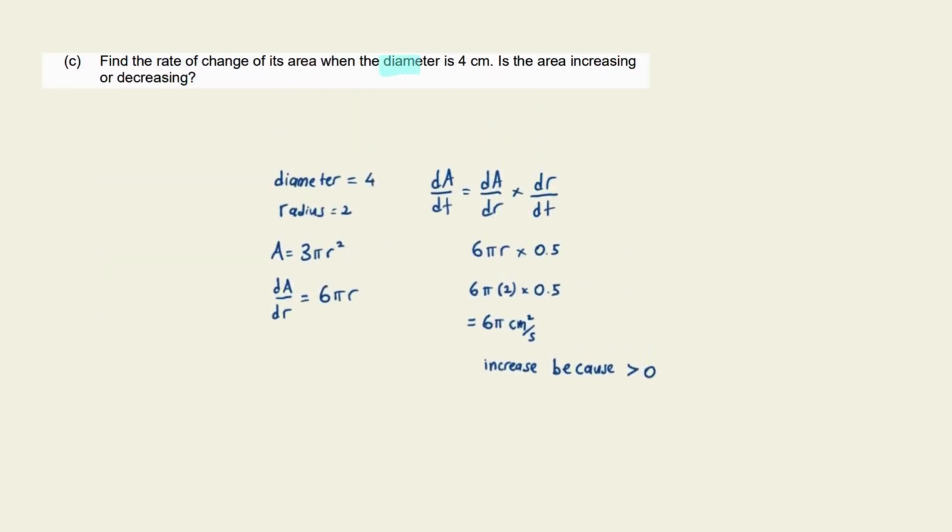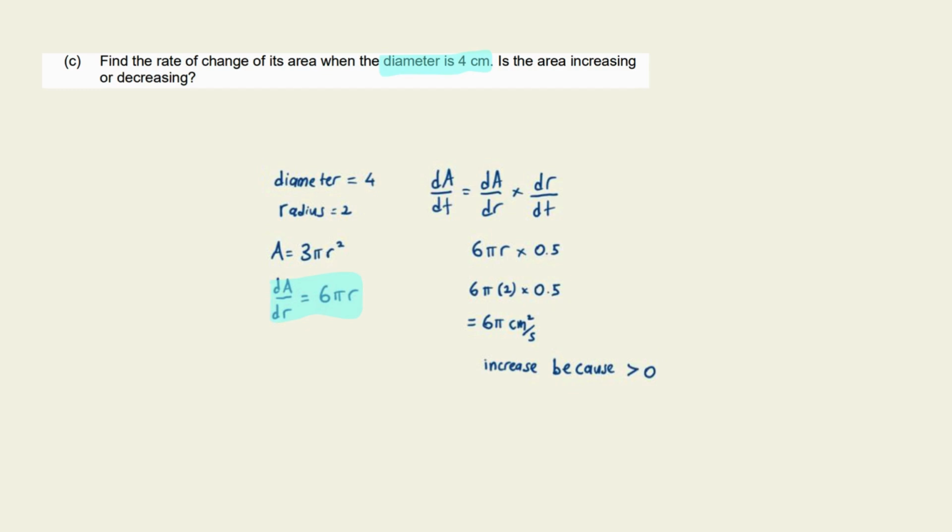From the diameter given, we can find the radius, which is 4 divided by 2, and the answer is 2, which is the radius. Next, we need to differentiate the area 3 pi r square to get the rate of change of area with respect to radius, which is equal to 6 pi r.